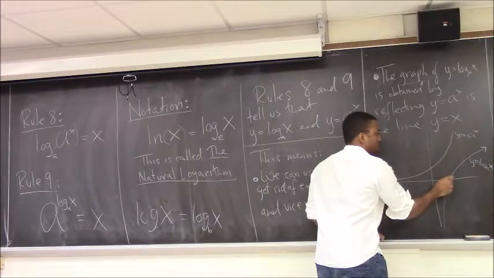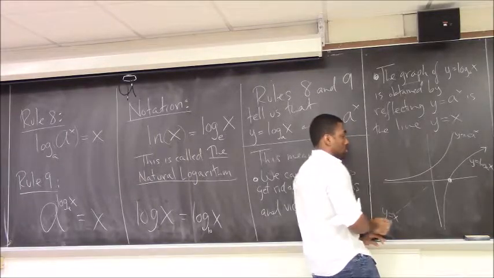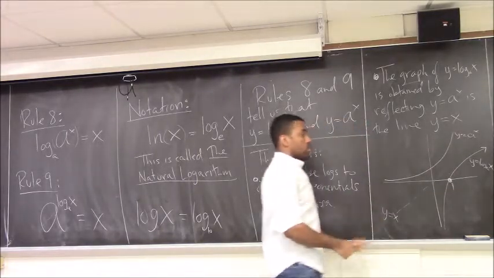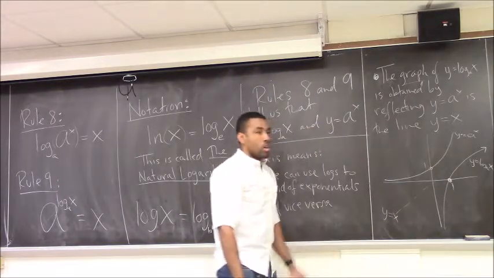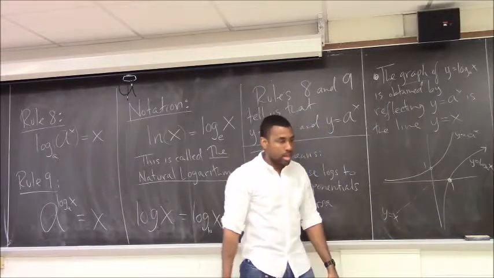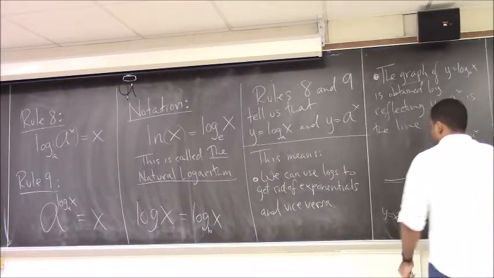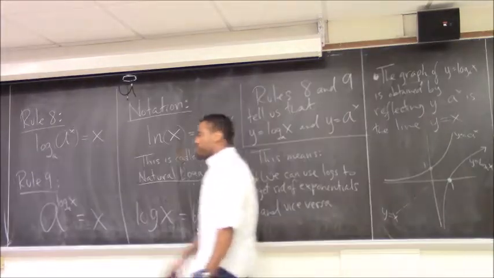What does it pass through here? 1 comma 0, right? So it passes through 1. Why? Because the exponential passes through 1 over here. Also, we know that the log of 1 is 0. So that's why it will cross the x-axis at 1. So by knowing it's an inverse function, we can easily figure out its graph.